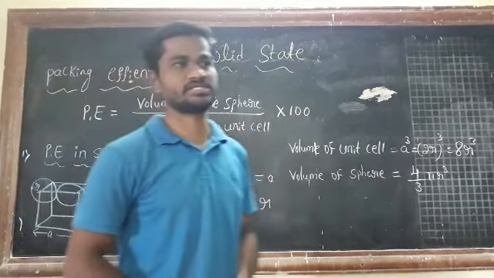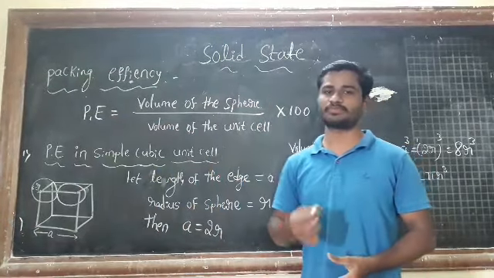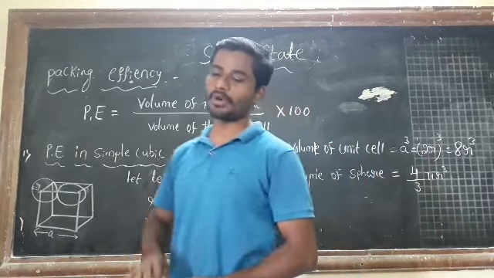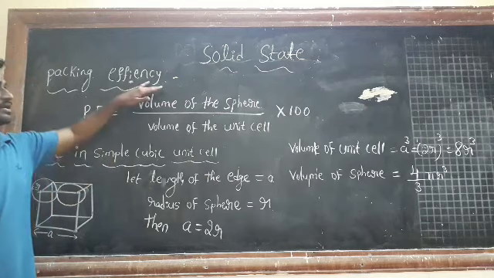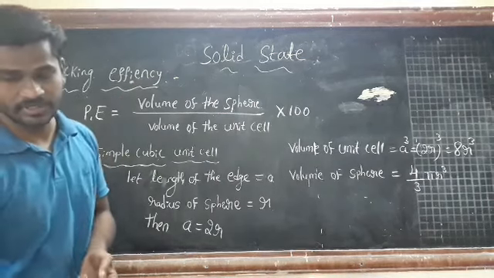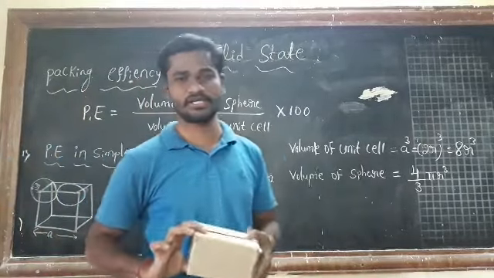Packing efficiency is the total percentage of the space which is occupied by the spheres in the unit cell. For example, we have a box like this, considered as a unit cell.